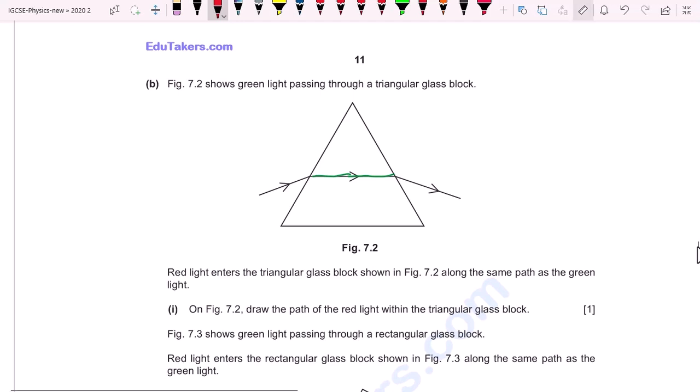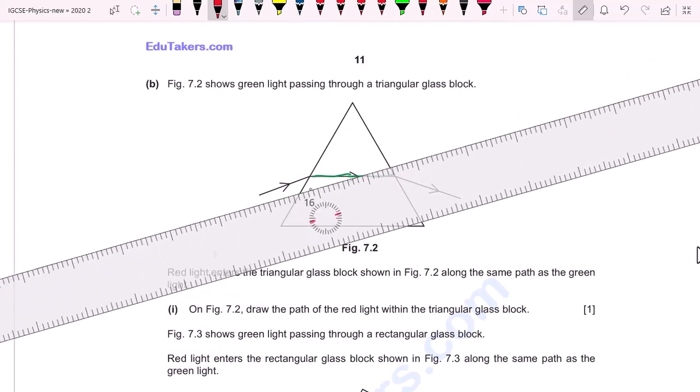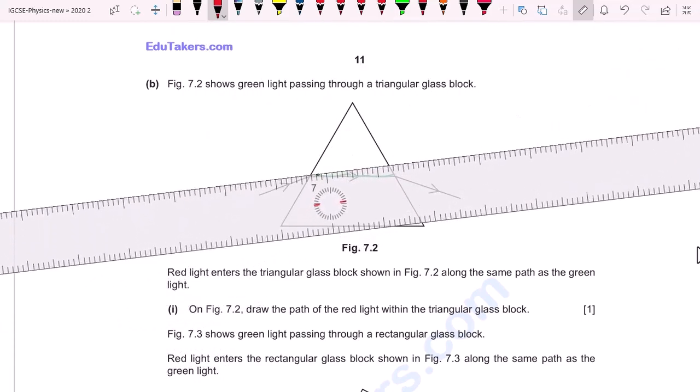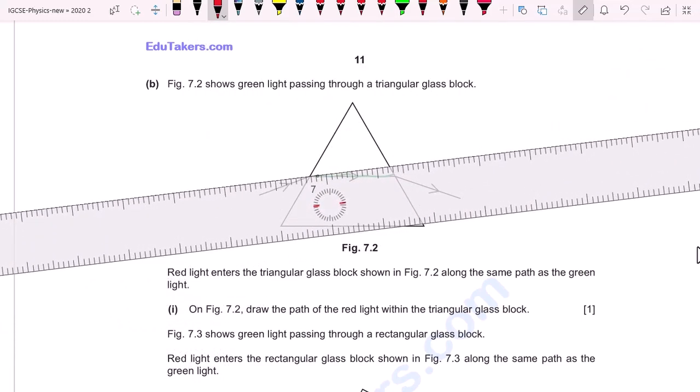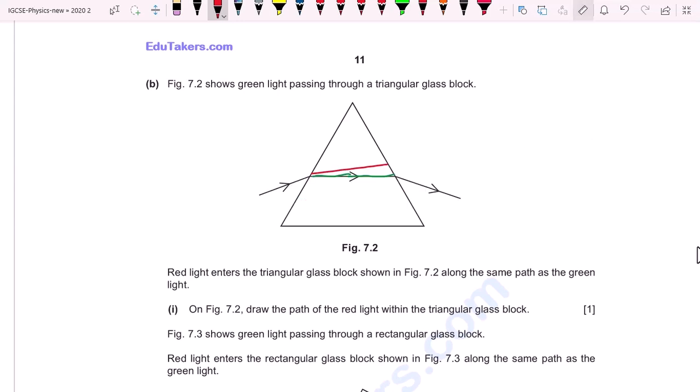So I will draw it. Inside the prism, this will be the path for the red light. Moving towards the other part.